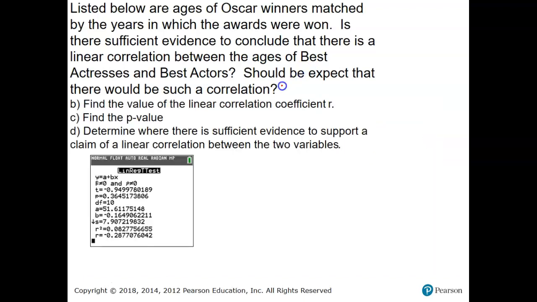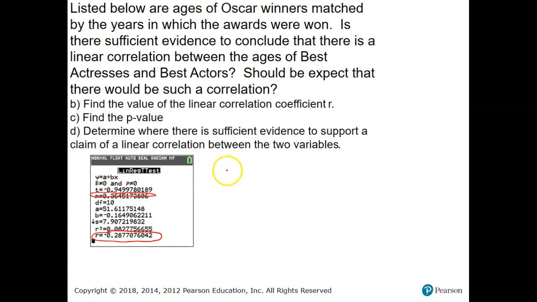If we find our linear correlation coefficient by going to the LinRegTTest and going down, then we see an R value that is pretty close to 0. So that's another indication it's probably not linearly correlated. And then if we look at the p-value, here is the p-value.